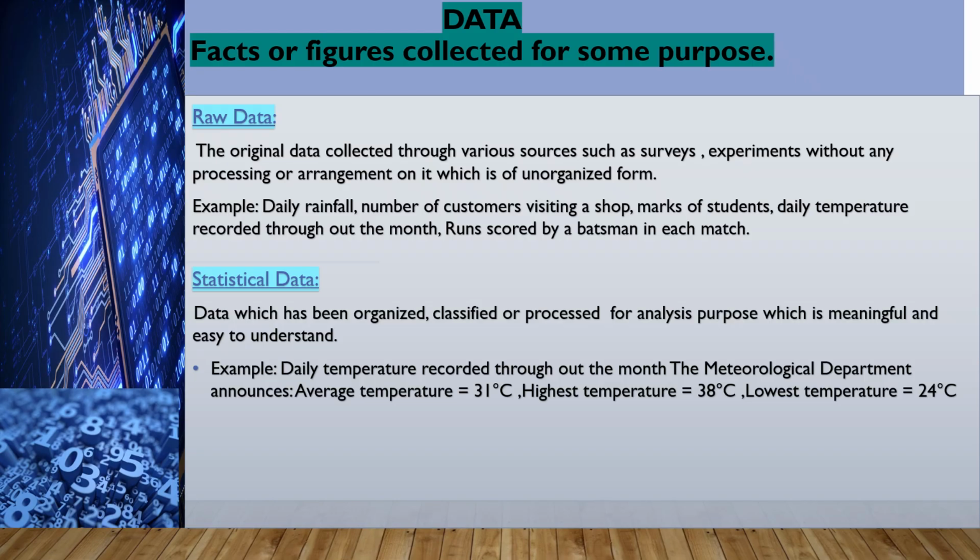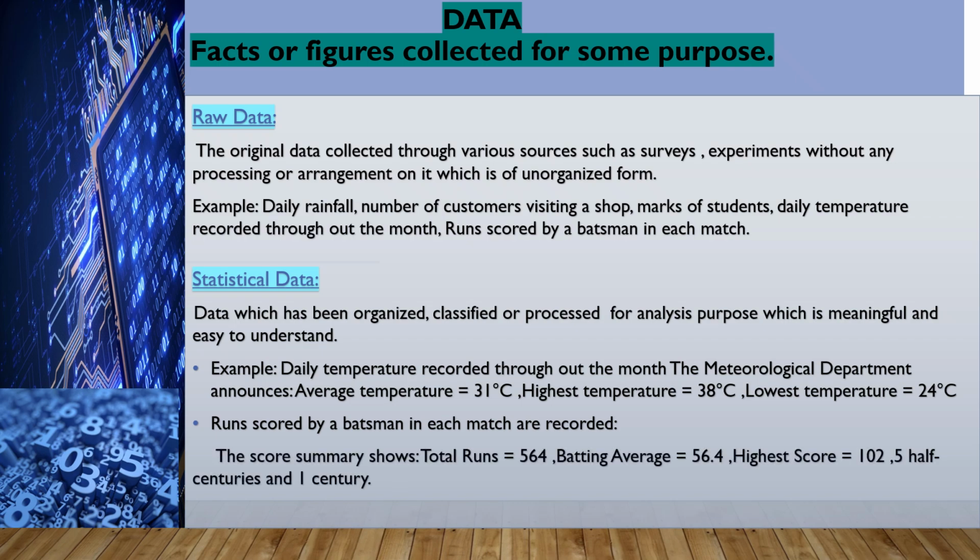The summary of average temperature, highest temperature, lowest temperature can be recorded. If the data of runs scored by a batsman in each match are recorded, then we can talk about the summary obtained from this data, such as total runs scored by the batsman, average of that batsman, highest score achieved, and half centuries and first century as well.